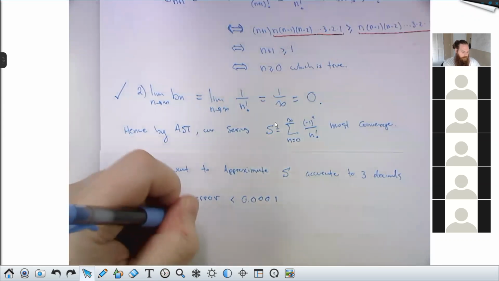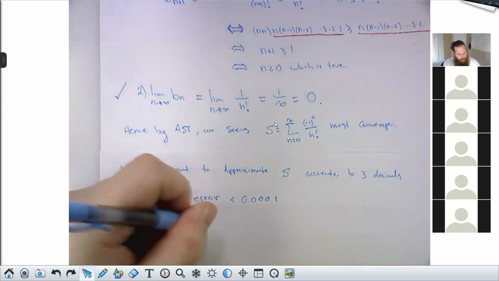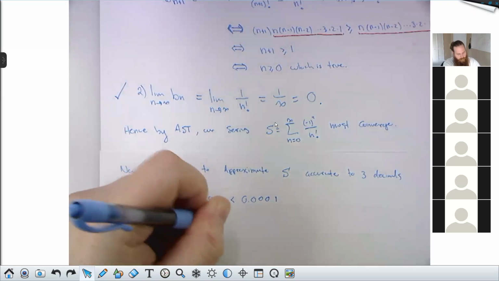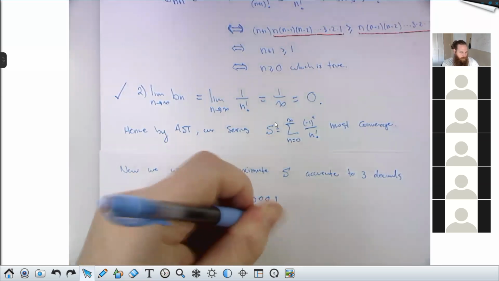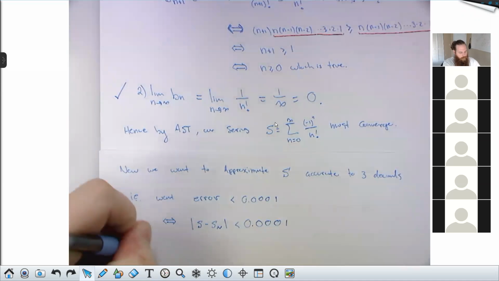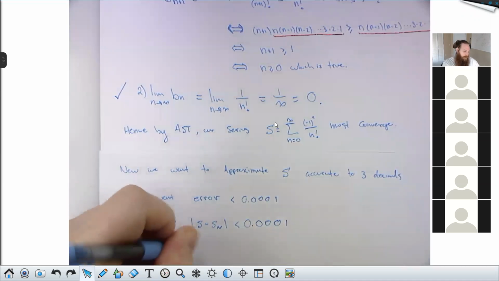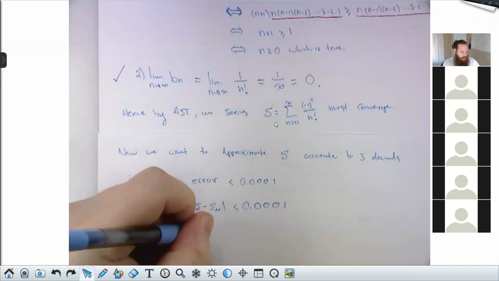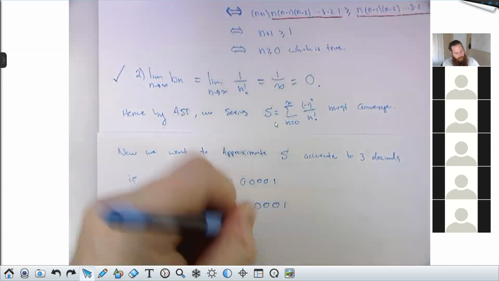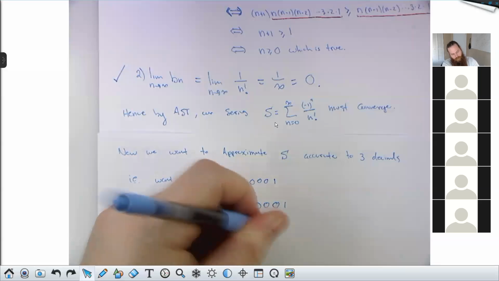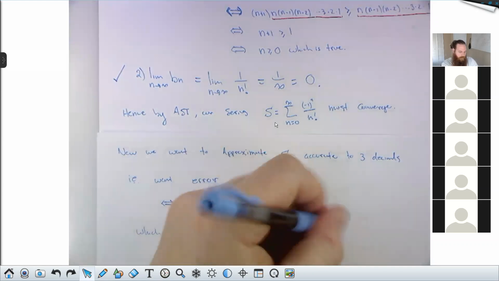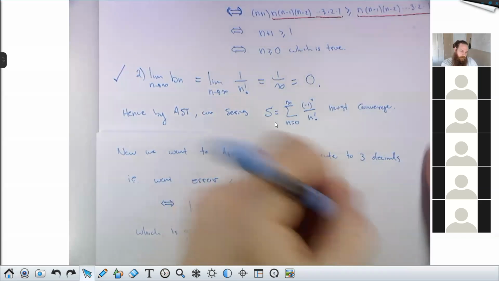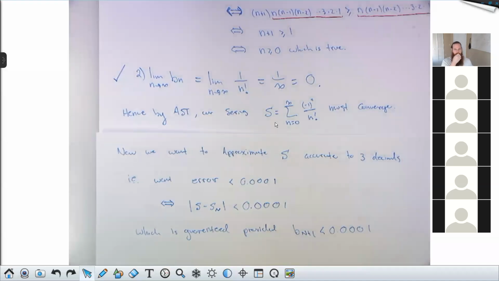That's the same as saying that we want the absolute value of S minus Sn to be less than 0.0001, which is guaranteed provided Bn plus 1 is less than 0.0001 by our theorem.